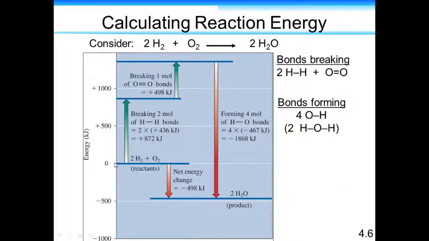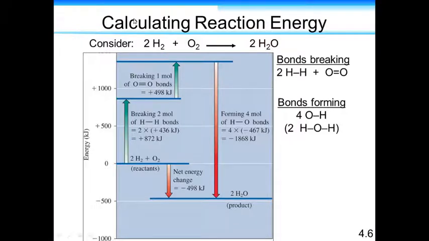So let's now look at a more accurate picture of a reaction. Here we have our energy diagram. We have kilojoules on the left-hand side, and we're going to look at the reaction of hydrogen and oxygen gas forming water.